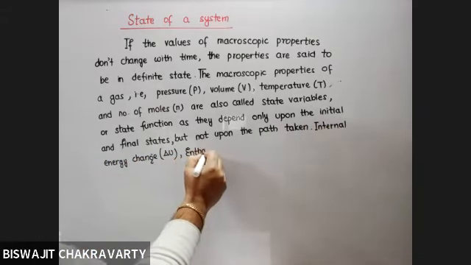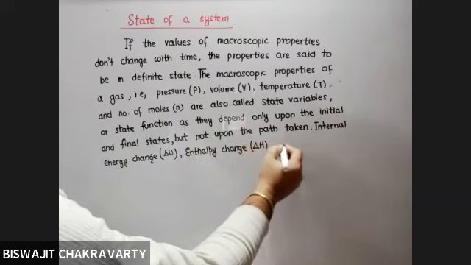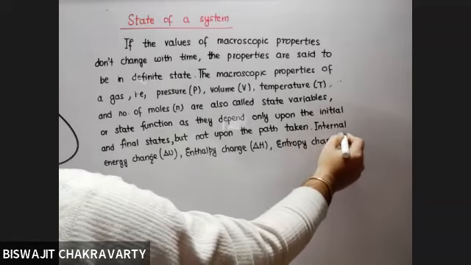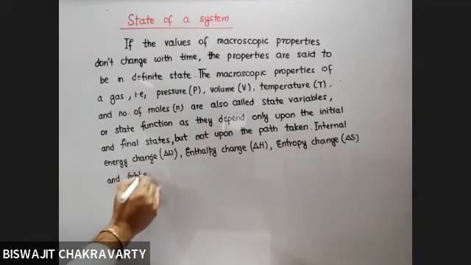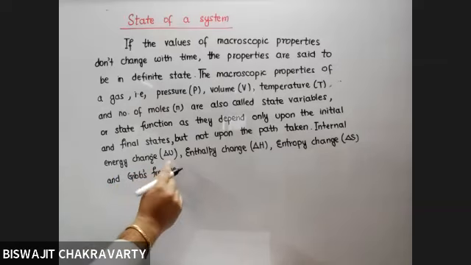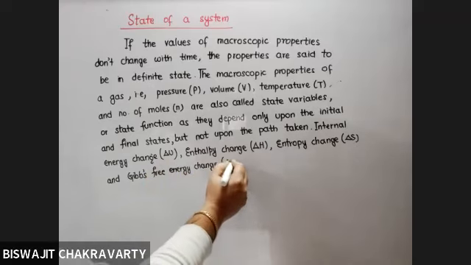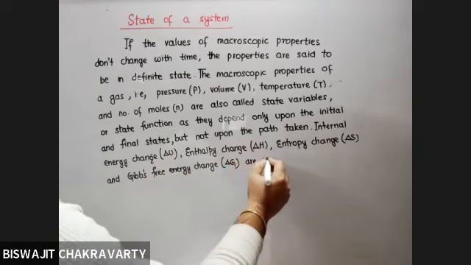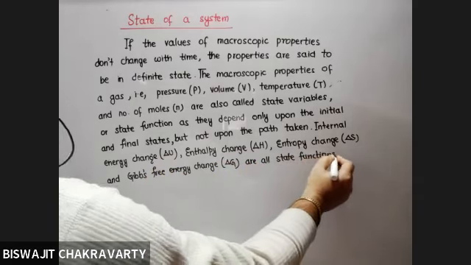Enthalpy change, delta H. Entropy change, delta S. And Gibbs free energy change, delta G, are all state functions.